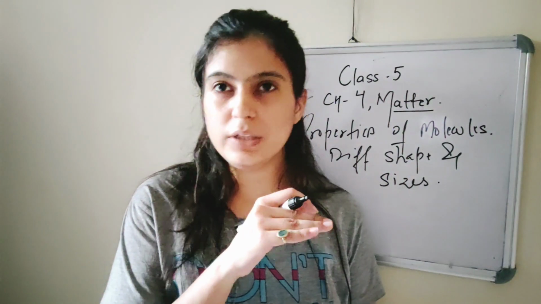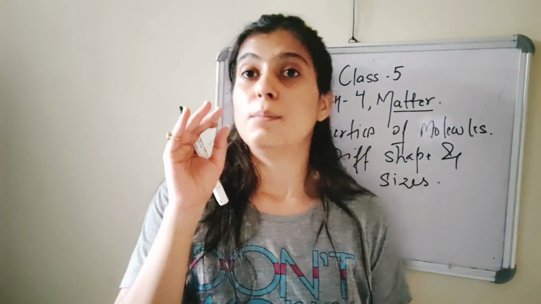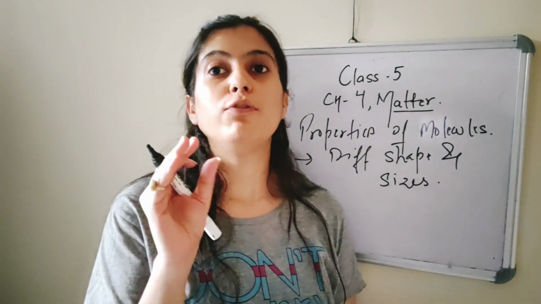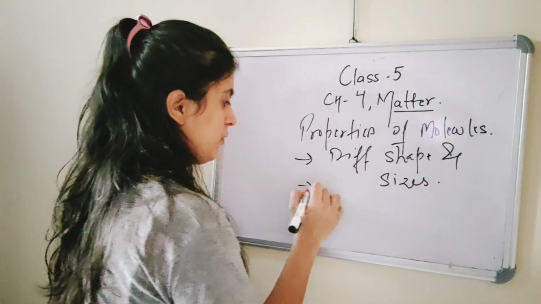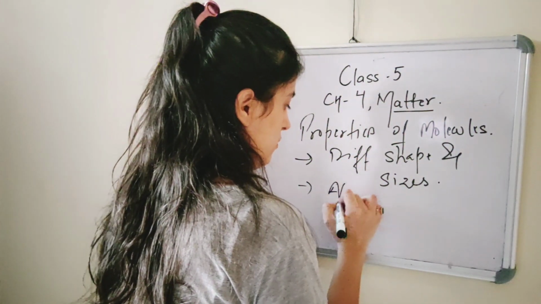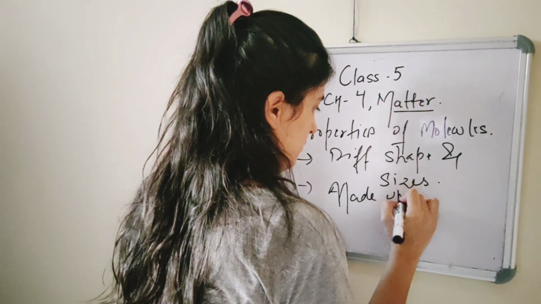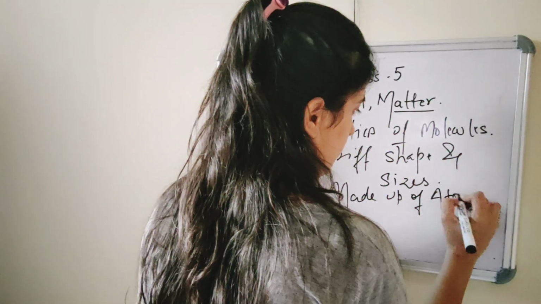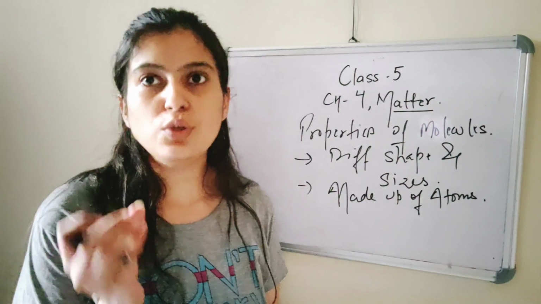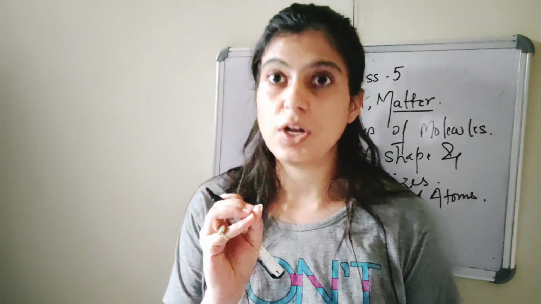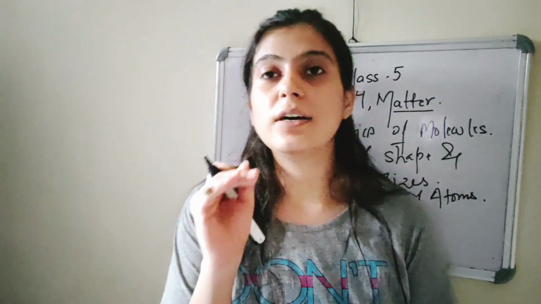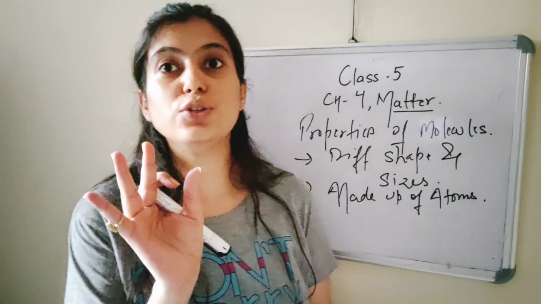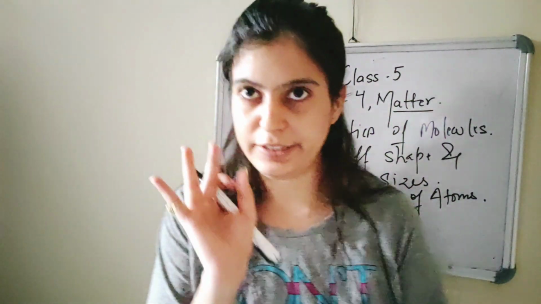We have concluded with the activity that molecules are made up of smaller units which are called atoms. Molecules in different substances arrange themselves differently. That's why there are different states of matter, because the arrangement of molecules is different.